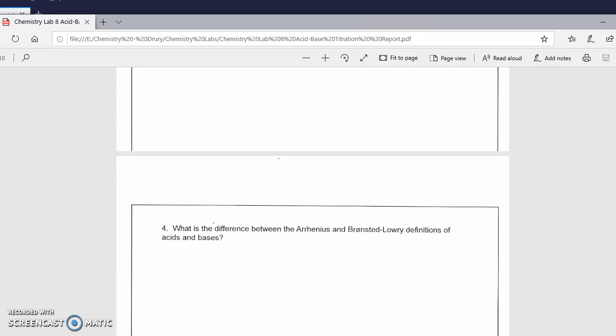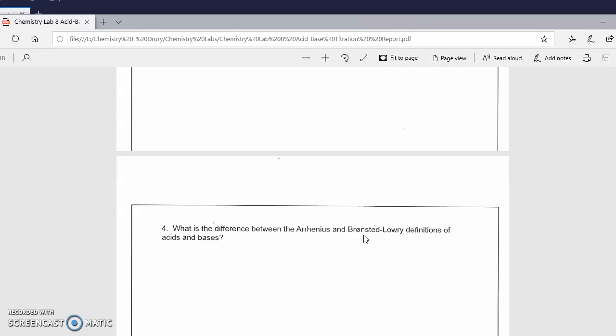And what's the difference between the Arrhenius and the Bronsted-Lowry definitions of acids and bases? Well, the key there is that under the Arrhenius definition, acids produce hydrogen ions and bases produce hydroxide ions. Under the Bronsted-Lowry definition, acids are hydrogen ion donors and bases are hydrogen ion acceptors.